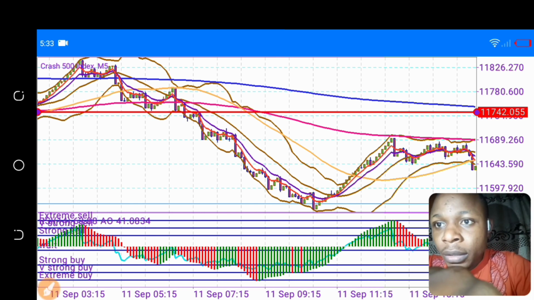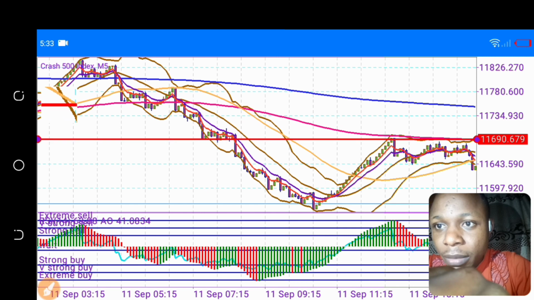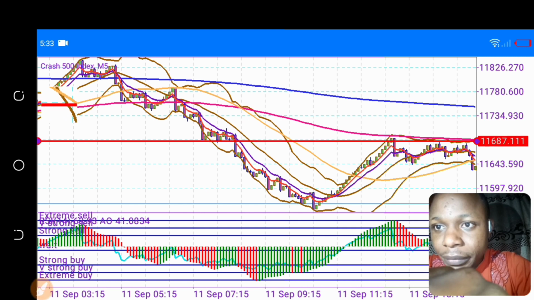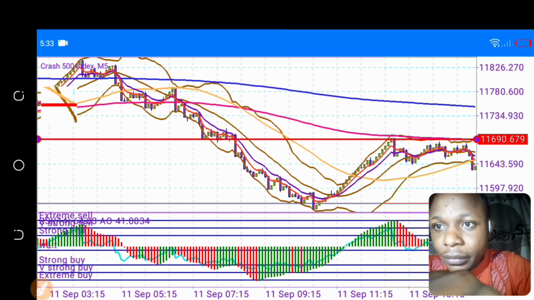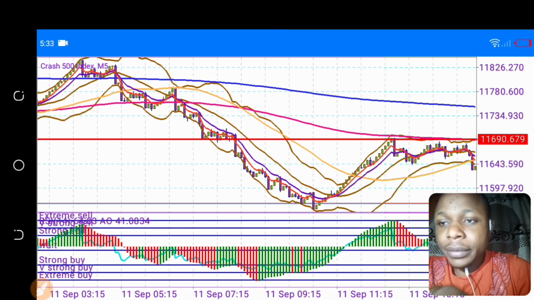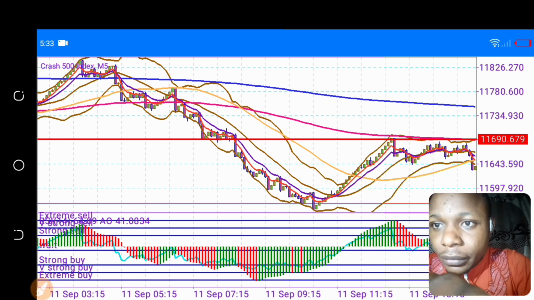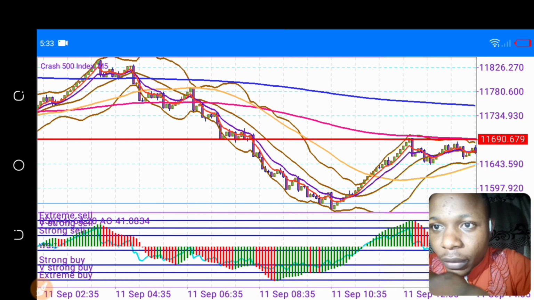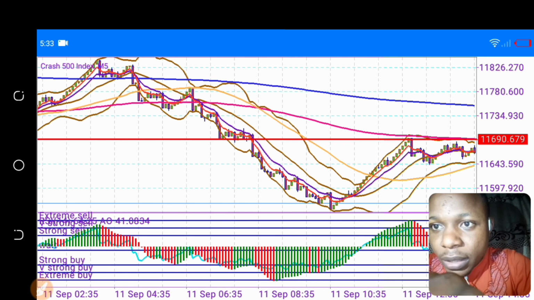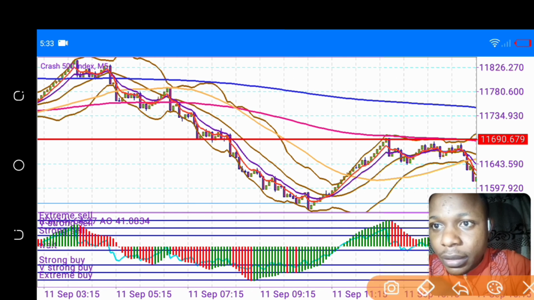So see that one. Now another support has been created over here. Another support line was created here, though the markets ranged over here, so it basically didn't test.